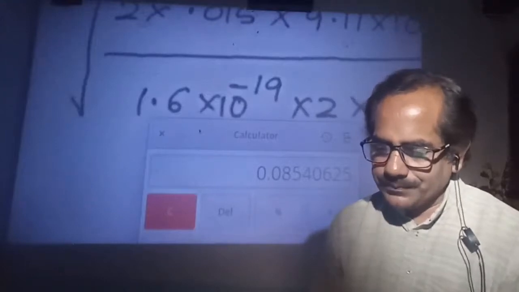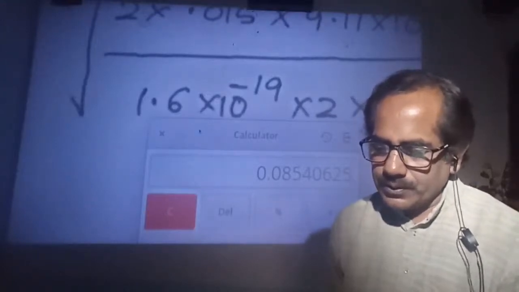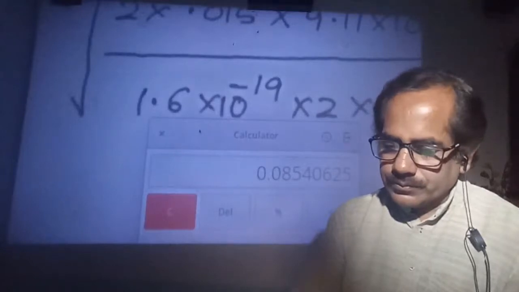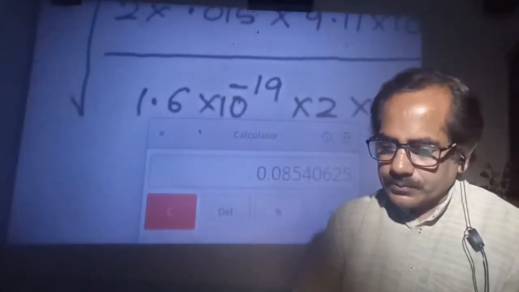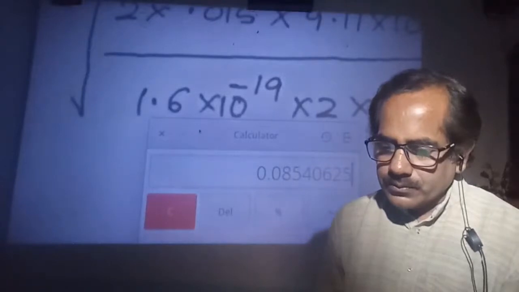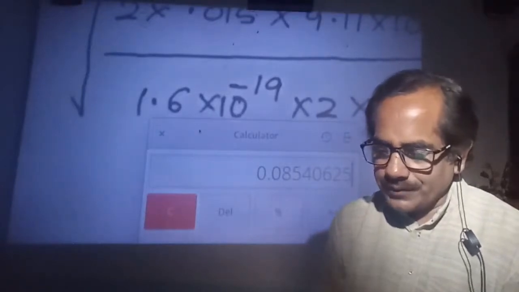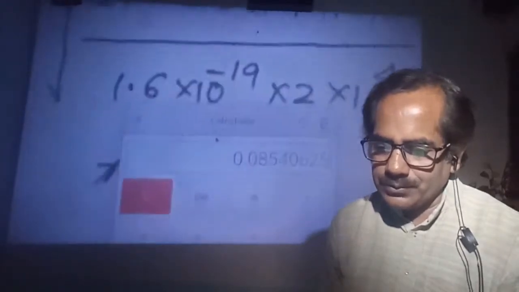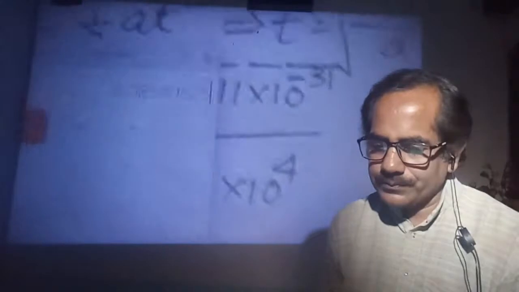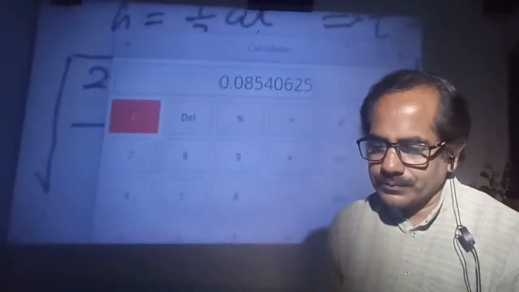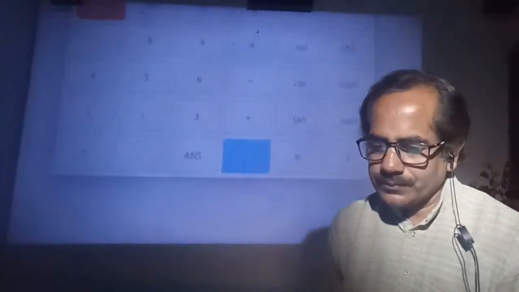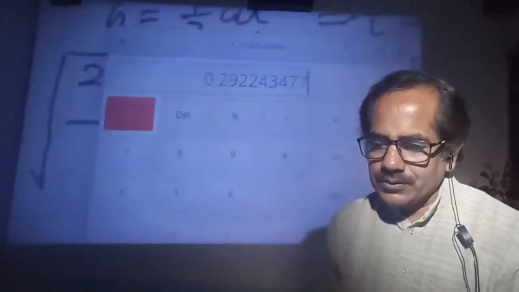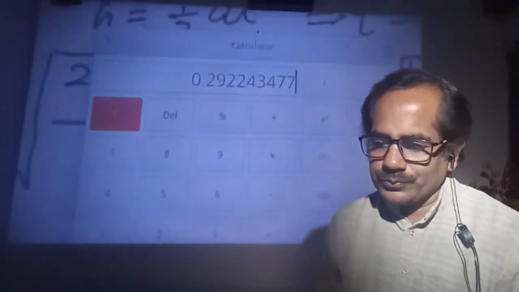So this is 0.0854, and let us calculate its square root. This is coming as 0.2922.